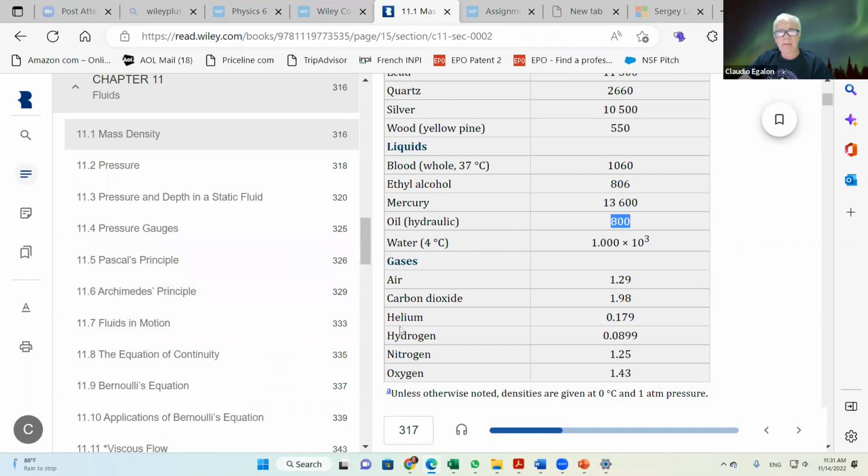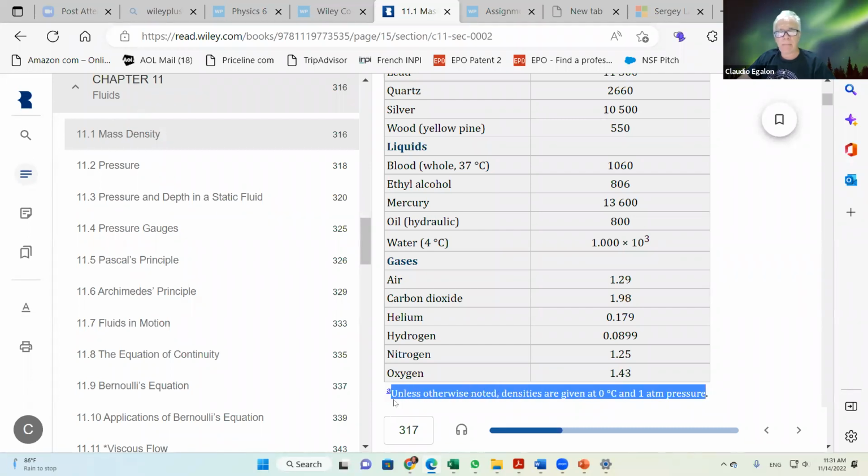And then we have gases, air. Look at the density of air. Only 1.29 kilograms per cubic meter. It's almost one, right? Carbon dioxide, helium, hydrogen, nitrogen, oxygen. Unless otherwise noted, densities are given at 0 degrees C and 1 atmospheric pressure. Okay, that's very important.